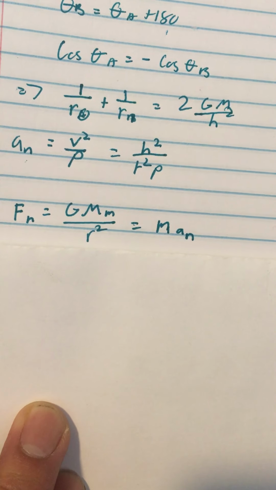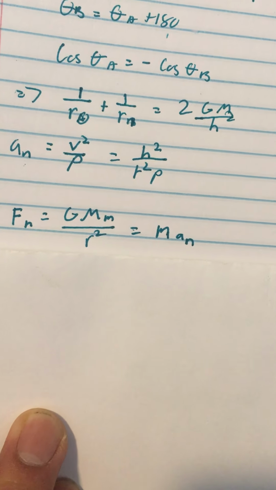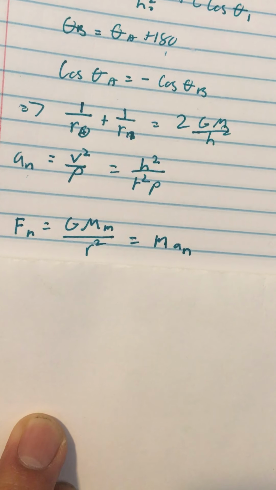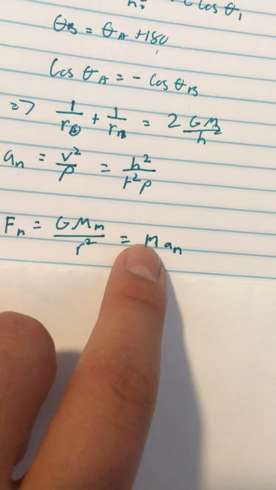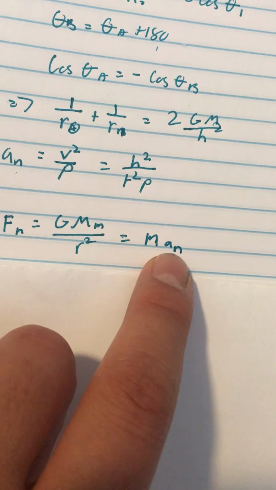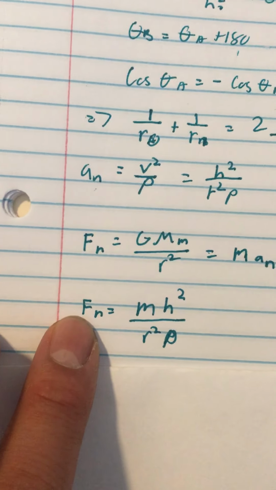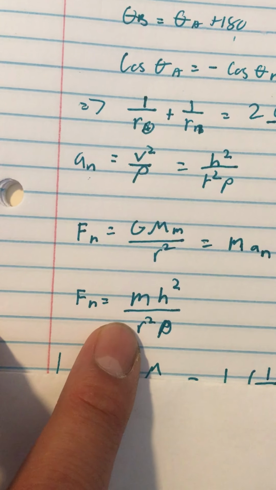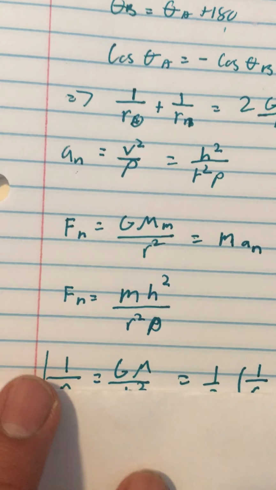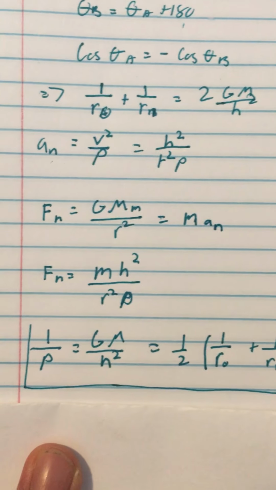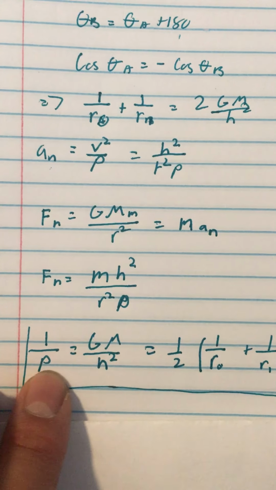Now F of the normal is that G, big M, small m over r squared, and that has to equal that mass times acceleration of the normal. We get Fn equals that. Changing around some values on it, and then we solve for this right here.